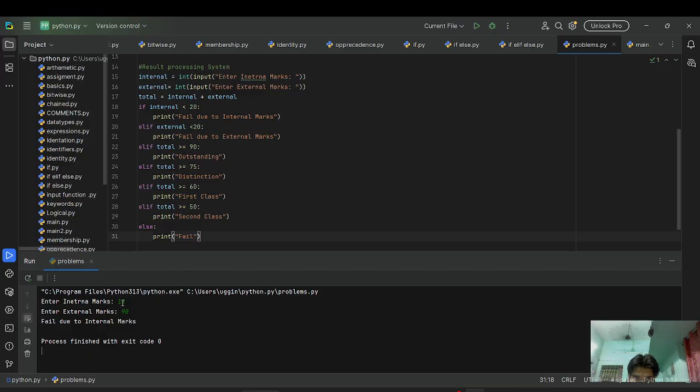But many students think this should be a pass because the total is very high. But the university doesn't work like that, because Python checks 18 less than 20. This becomes true, so immediately Python prints fail due to internal marks. Python never checks the remaining conditions.